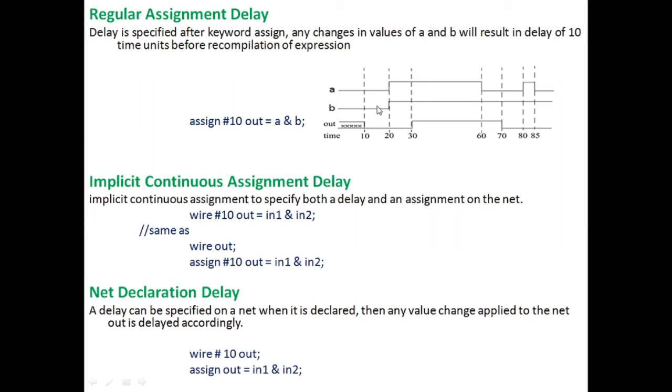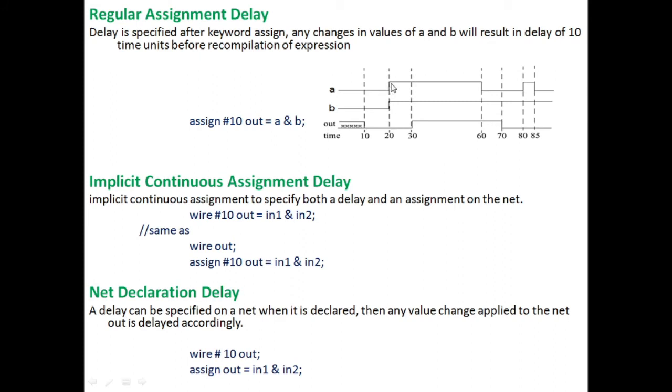So the output will be present from 20 to 30 for A and B inputs from 10 to 20 seconds. That means for any change of your input variables, the output will be displayed after 10 time units.